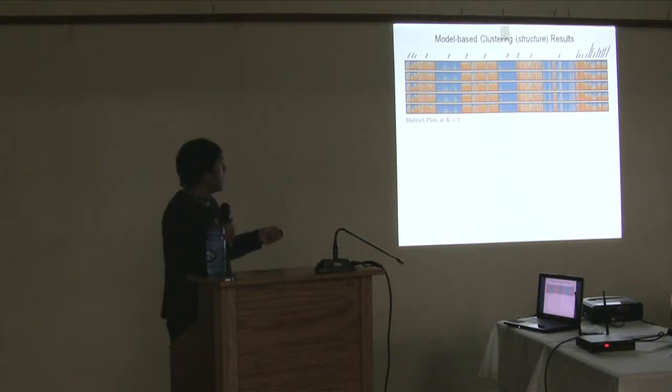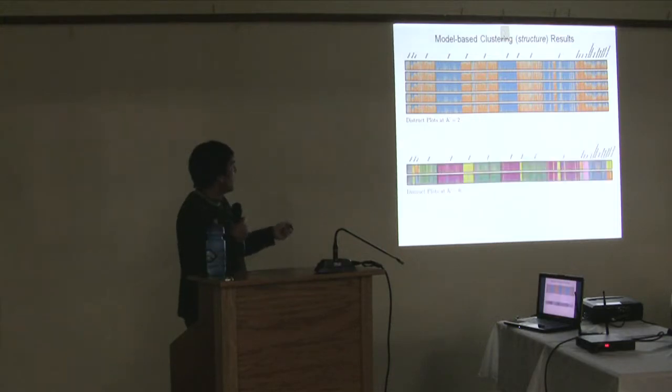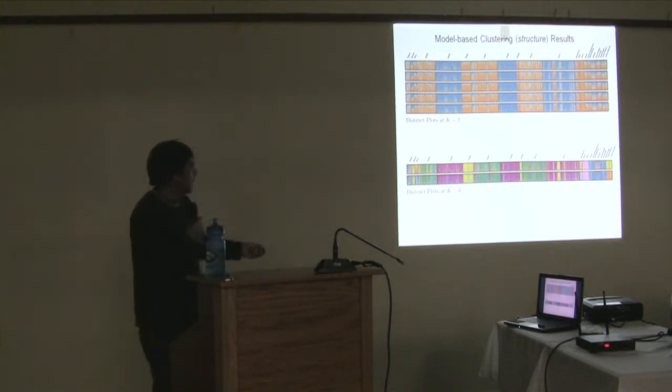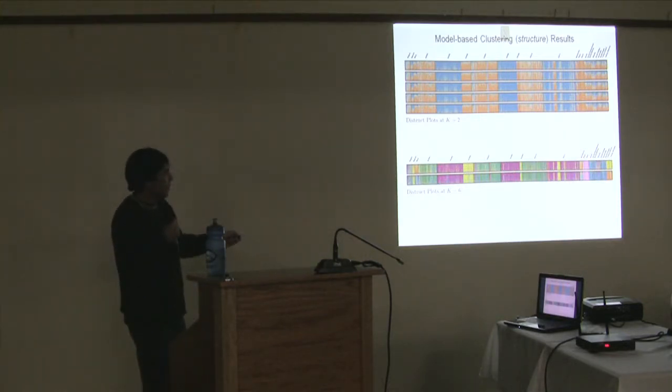And again, what I want to point out here is that the primary axis of variation is between these different brood cycles. To spare you having to go through a lot of these different colorful graphs, I'm going to jump right down to K equals 6.